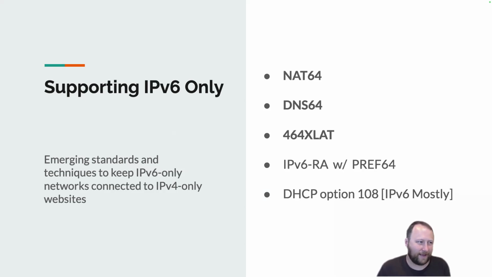I think where the industry is going, at least enterprise or company networks, seems to be a really good fit for almost a combination of all of these, where you set up NAT64, DNS64, and then you turn on Pref64 to make 464XLAT work, and then potentially use DHCP option 108.